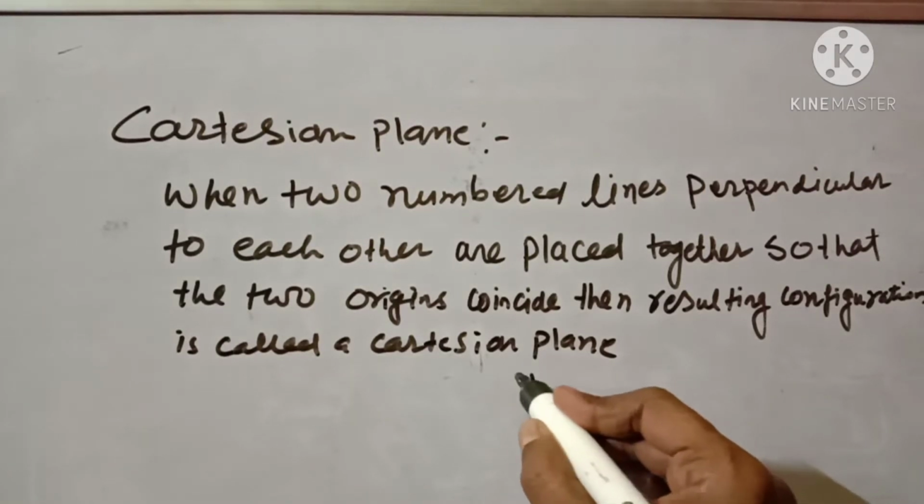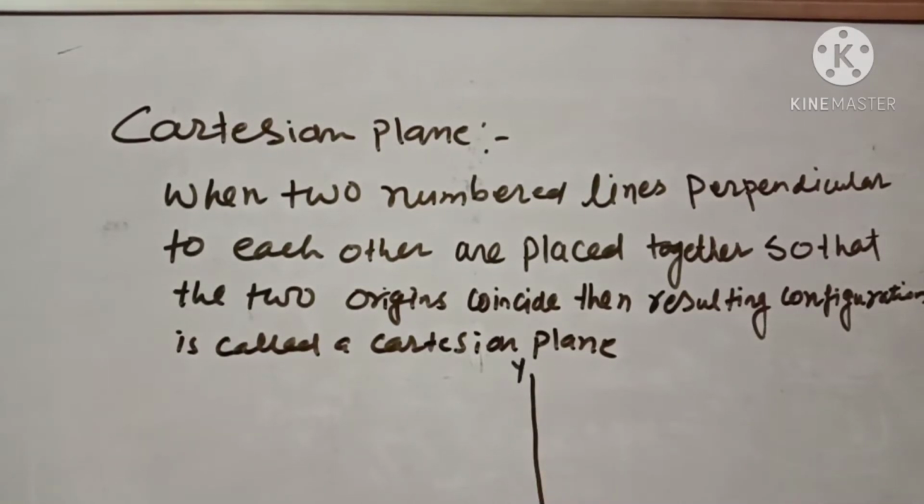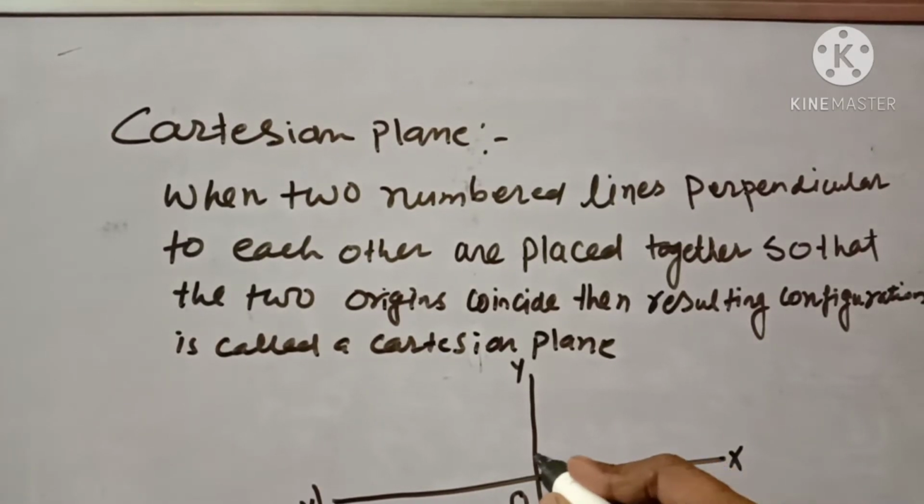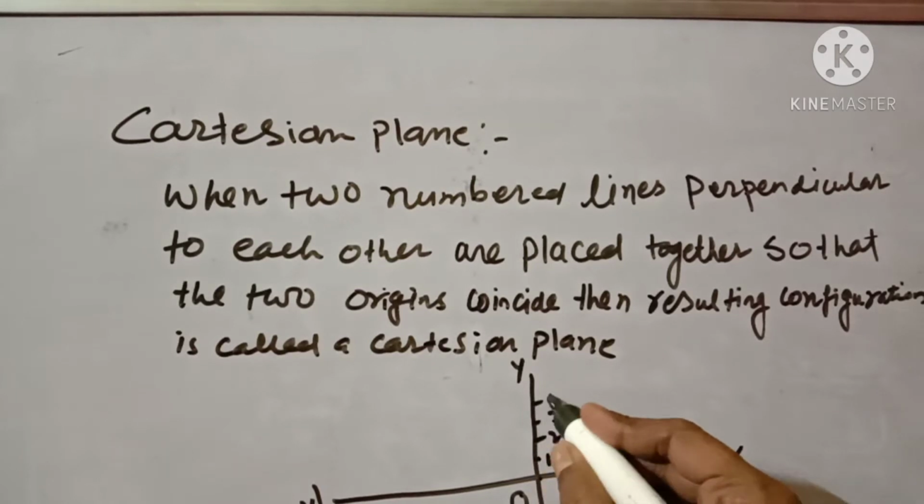This is y dash, this is x dash. Origin means they are crossing each other at O. This is known as the origin. So they are coinciding with each other, and this plane is known as the Cartesian plane.